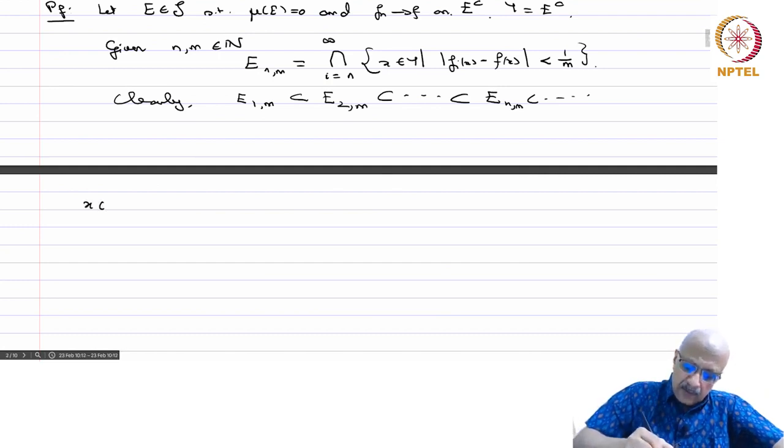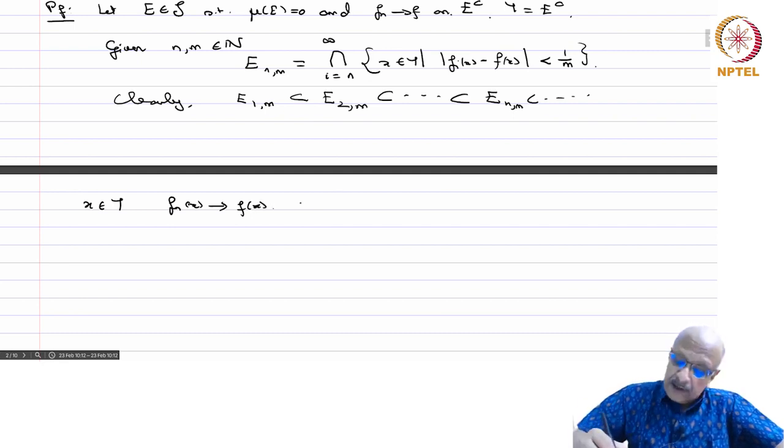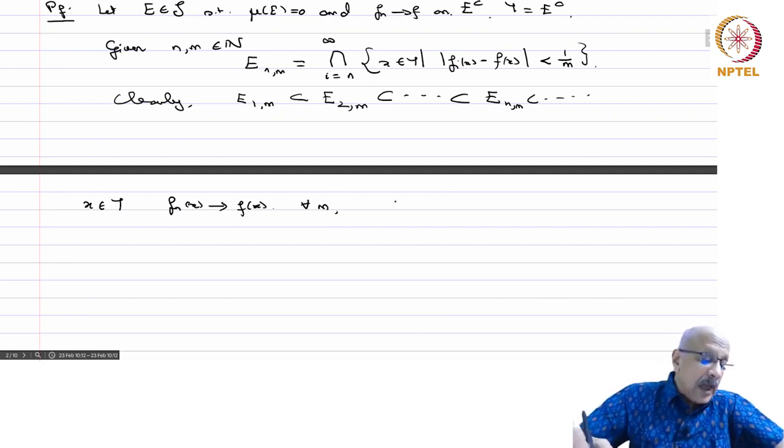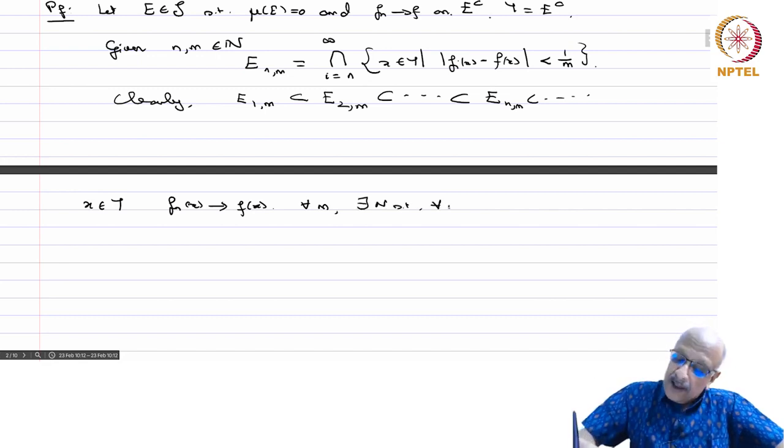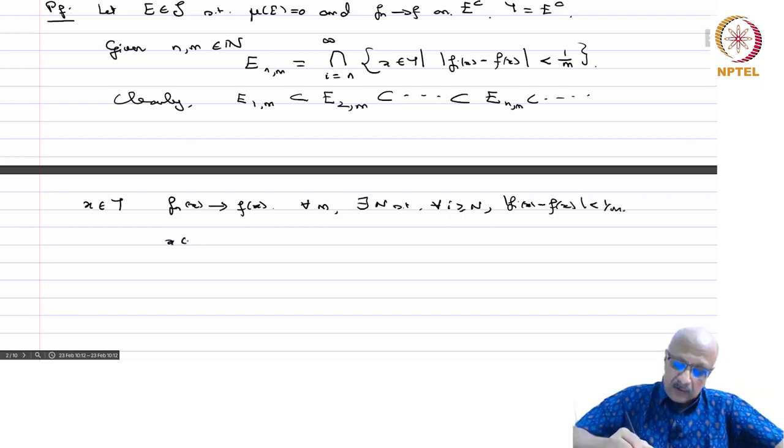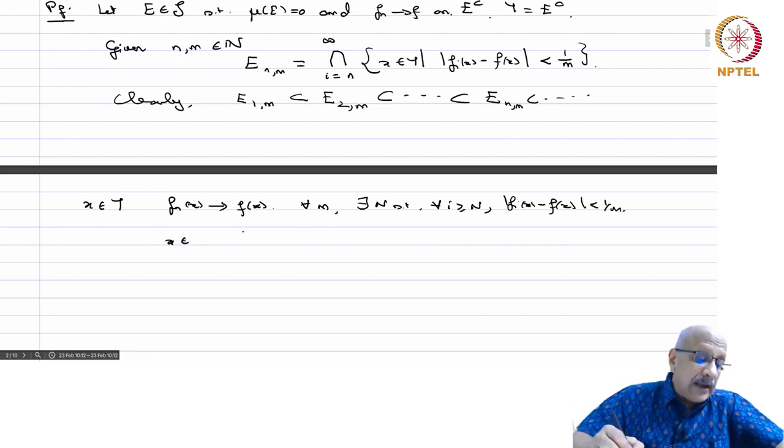Now x belongs to Y. If x belongs to Y, then you know that f_n(x) converges to f(x). And so for any m, there exists a capital N such that for all i greater or equal to N, we have |f_i(x) minus f(x)| less than 1 by m. That means x belongs to E_{N,m}.